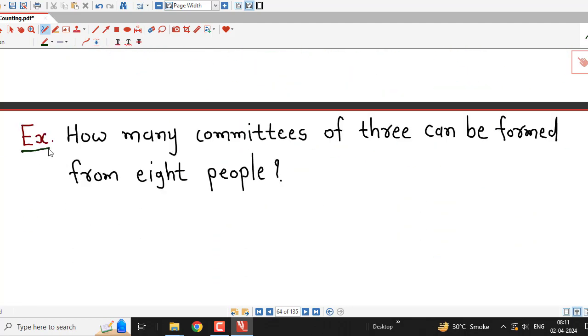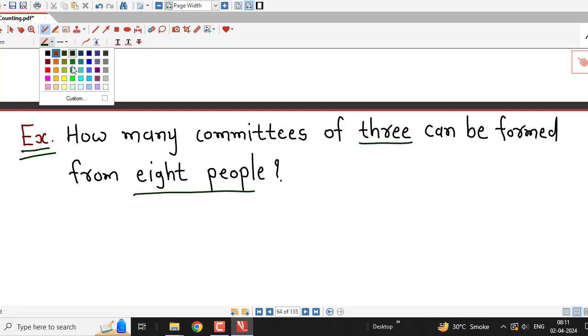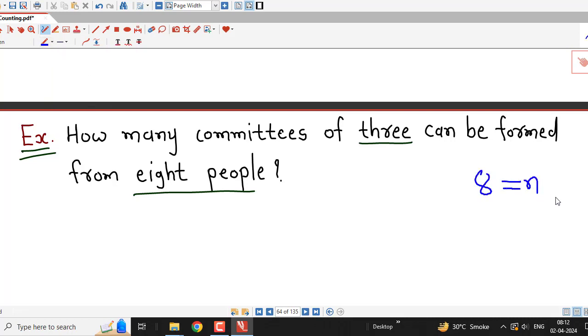Now we consider this example. How many committees of 3 can be formed from 8 people? We have a total of 8 people, that is, the total number of objects is n equal to 8, and we have to construct committees of 3 persons, r equal to 3.